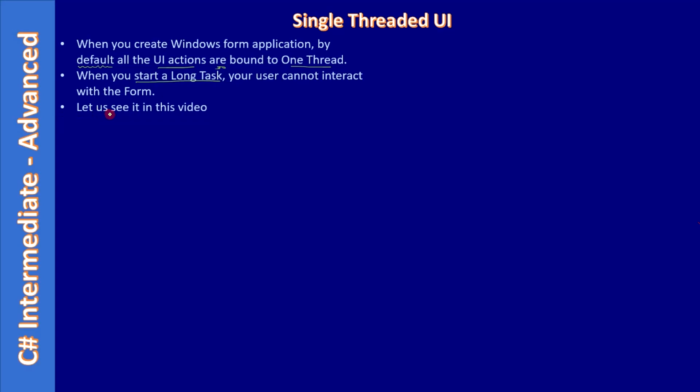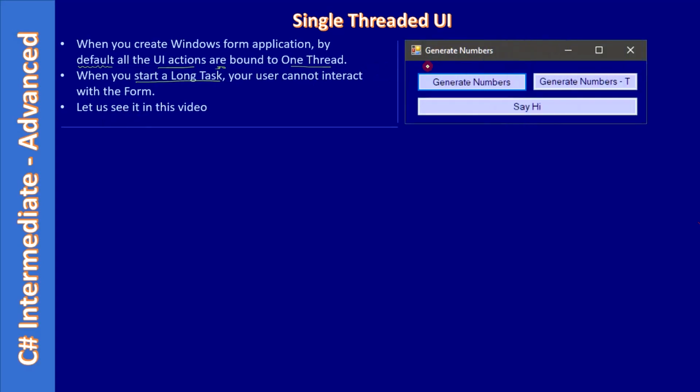So we will create a simple demo to experiment with this behavior. Here we have a form, and the generate number button will generate some random numbers or a running count, which we will decide when we go to the demo, and it prints those numbers to the console output window, or we can even write it in the debug output window, since we are creating a Windows based project.